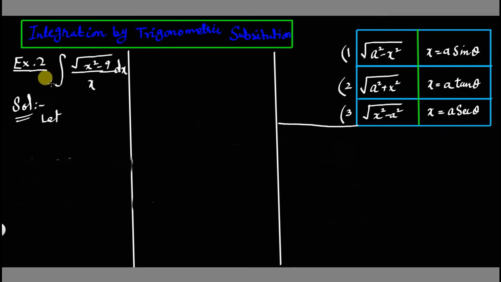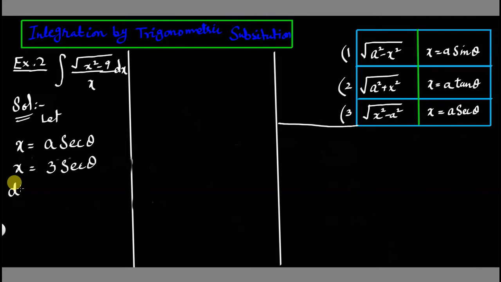In example 2, you can see the substitution number 3 will be suitable for this question. So we substitute x equal to a secant theta. In our case, what is a? A will be 3. So it will be 3 secant theta.